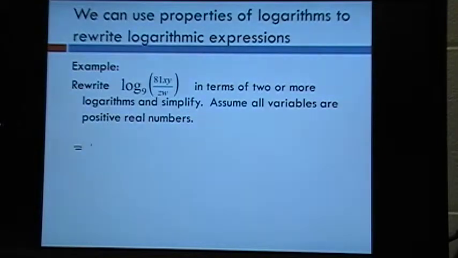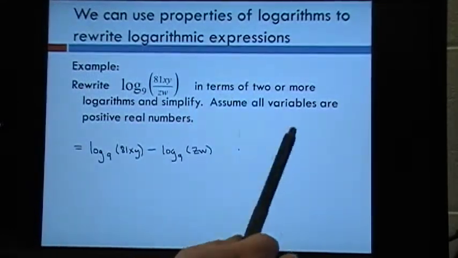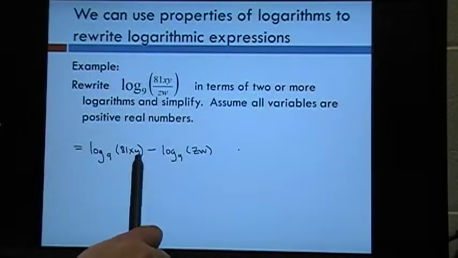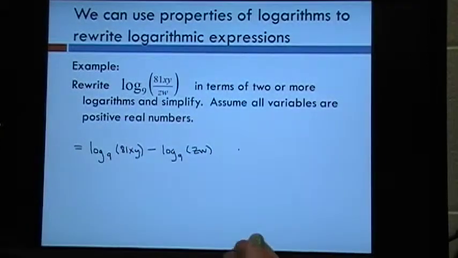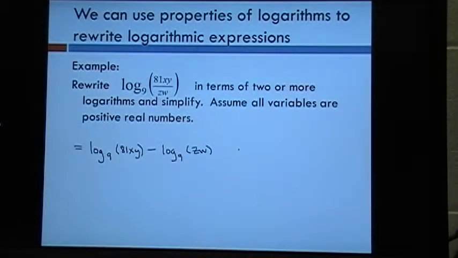So using the quotient rule, this would be log base 9 of 81xy minus log base 9 of zw. Okay? And so when I'm trying to split it apart or write it in terms of 2 or more, you need to keep going until you have your arguments as just single factors with no powers.